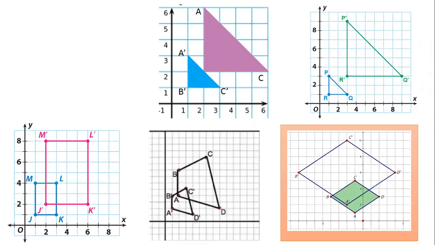Let's go back here. Look at the first picture. A, B, C, A prime, B prime, C prime. Do they have the same orientation? Yes. Very good, Mariam. What about the rectangle MLKJ and M prime, L prime, K prime, J prime?